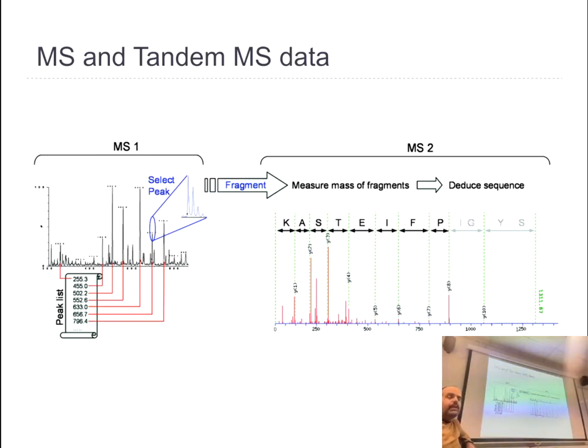Trypsin cleaves quite frequently, so you get peptides that are around 7 amino acids in length. And once you do that, that's the stuff you then put into the mass spectrometer. Okay?